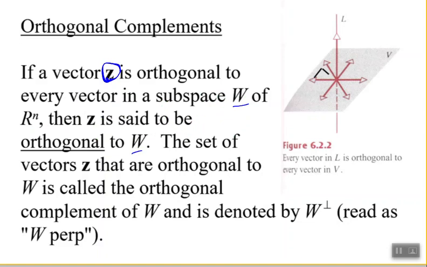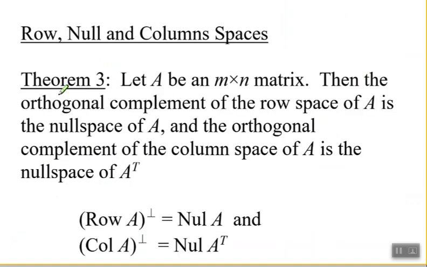We did that with the cross product before. The set of the vectors Z that are orthogonal to W is called the orthogonal complement of W. We read it as W perp. So all those vectors are going to be perpendicular to all the vectors in W.